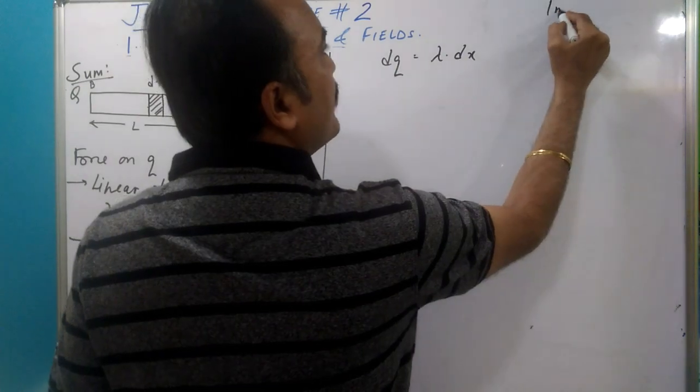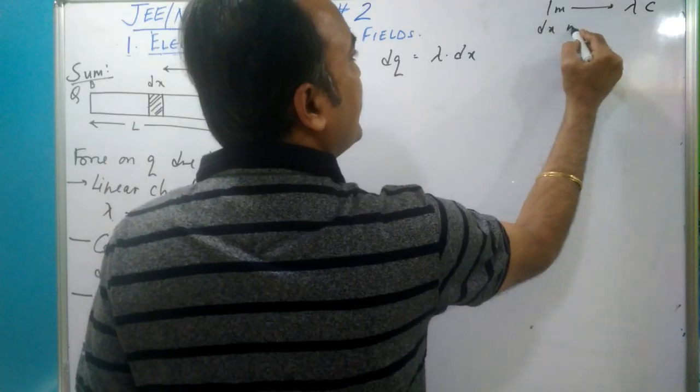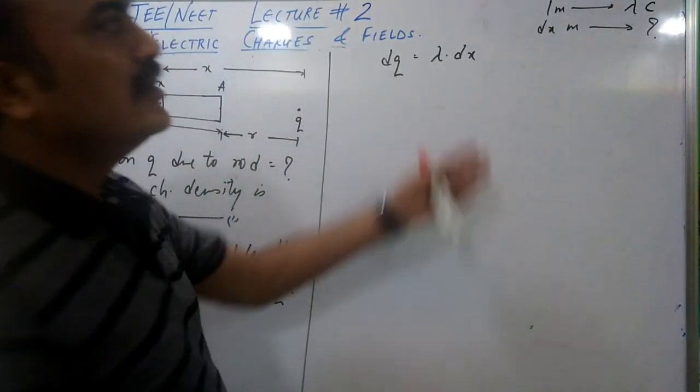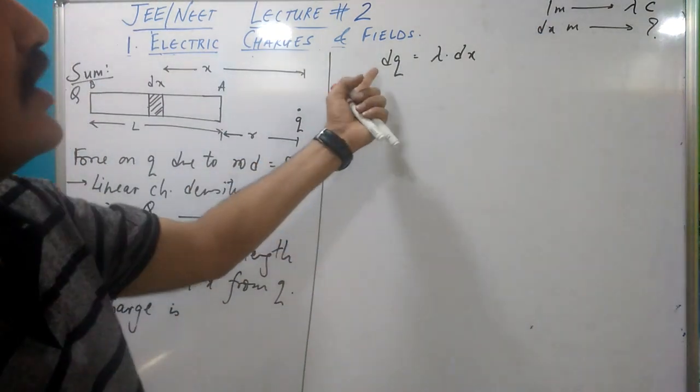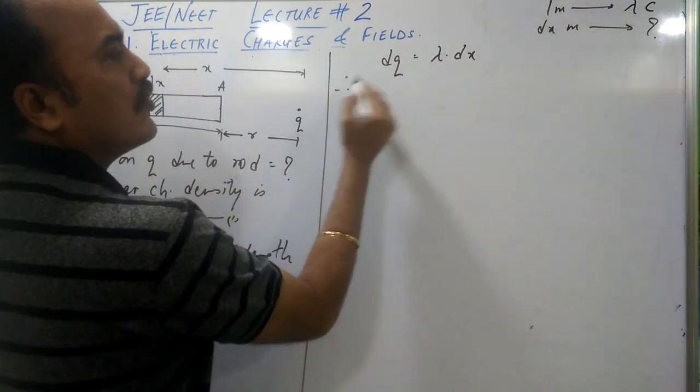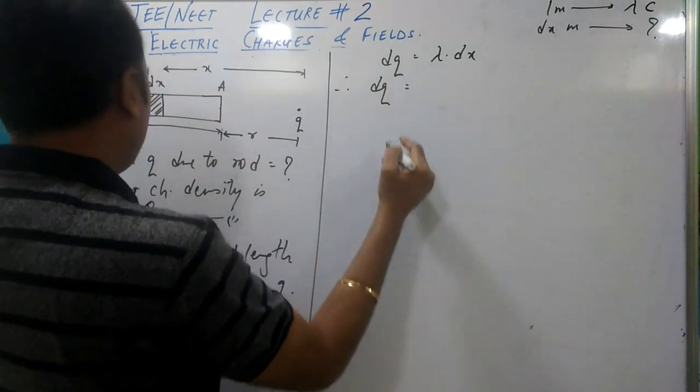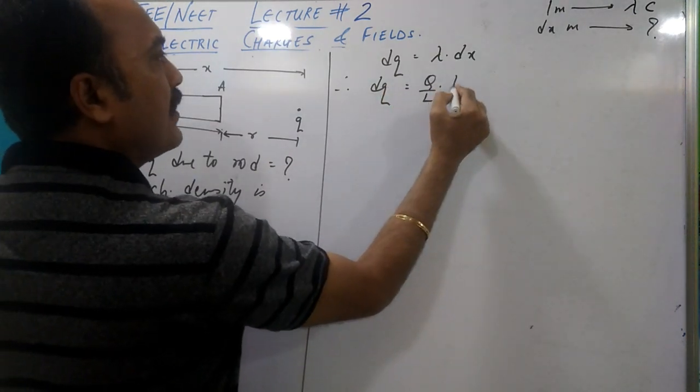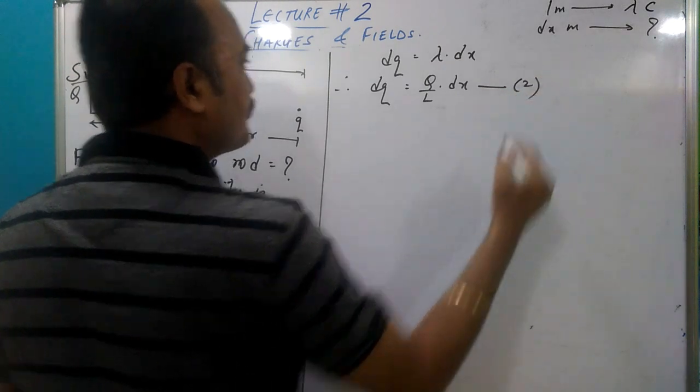Because in 1 meter length there is lambda, so in dx meter length, how much? Simple cross multiplication will do the trick. So dq is lambda dx. You want to substitute lambda at this point? No problem. So Q by L into dx.